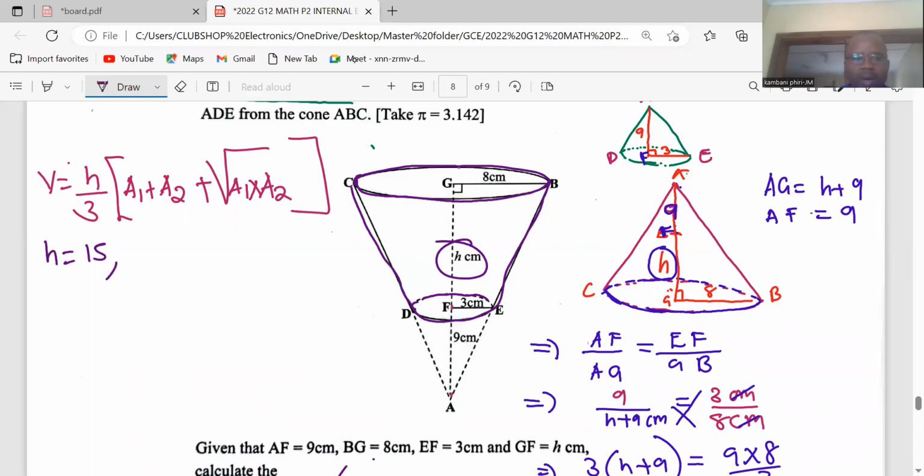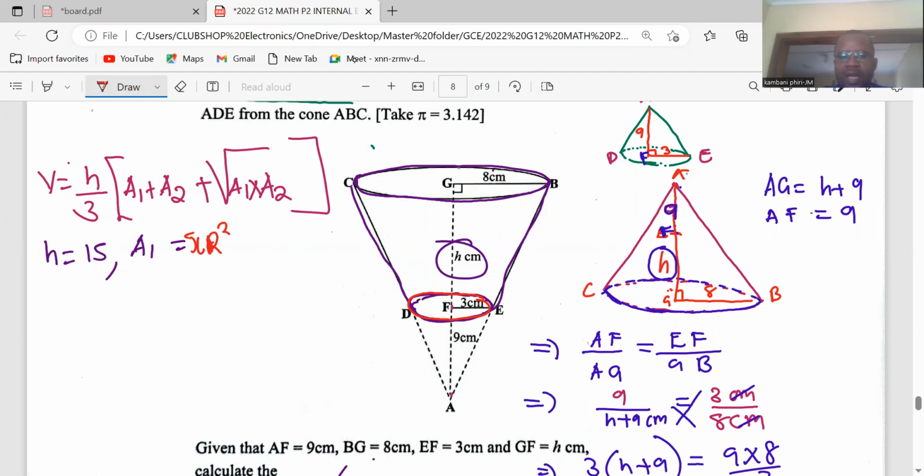Then, what is A1? So we look at the top part of the first term, and this is the base, or whichever. You can swap them, it's okay. So I'll look at this base, which is like a circle. So I'll apply the formula for the area of a circle, which is pi r squared.